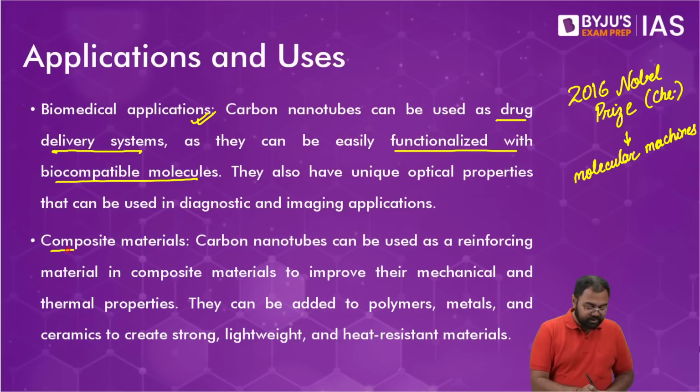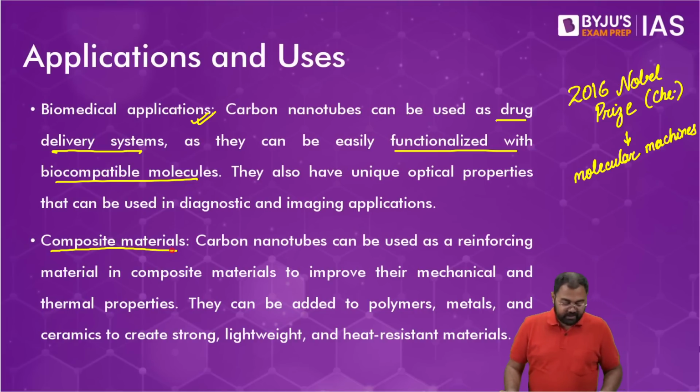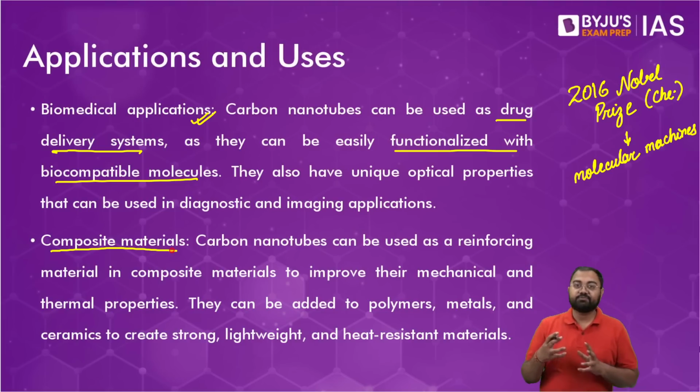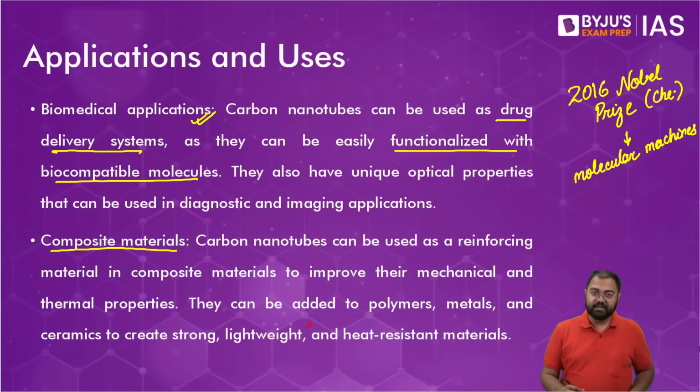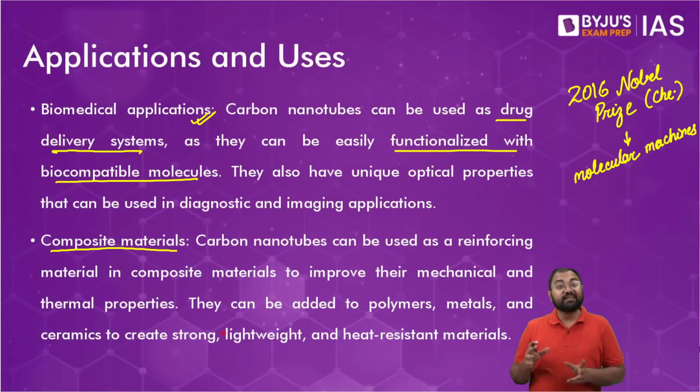Similarly, they can also be used in making composite materials. They can do that because of their strength and their thermal properties: they have high thermal resistance, and at the same time very high strength. So they can be mixed with materials to make stronger materials. We also discussed that they are lightweight.